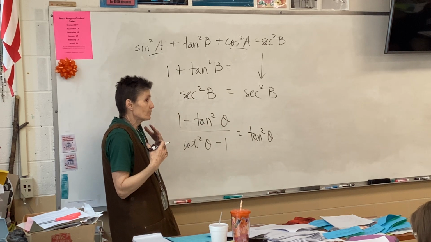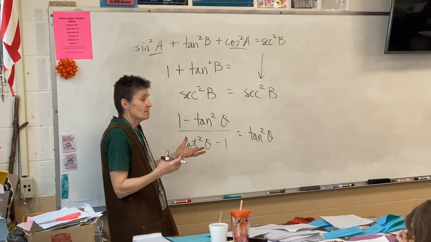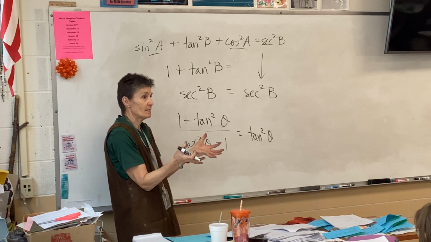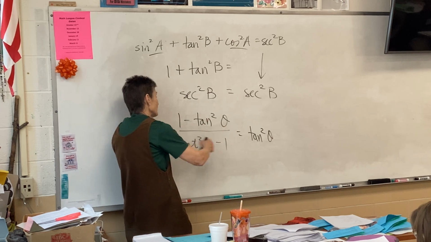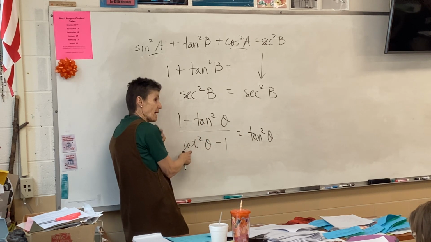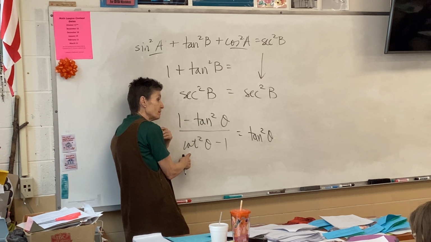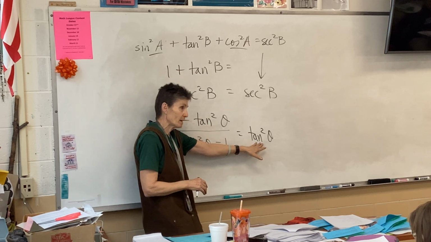Right. Now, when I look at this problem, the first thing that occurs to me is that everything on this side is a tangent, except for that. Could I change that into a tangent easily? 1 over tangent. And then everything over here would be tangents, and that's what I want to end up with.